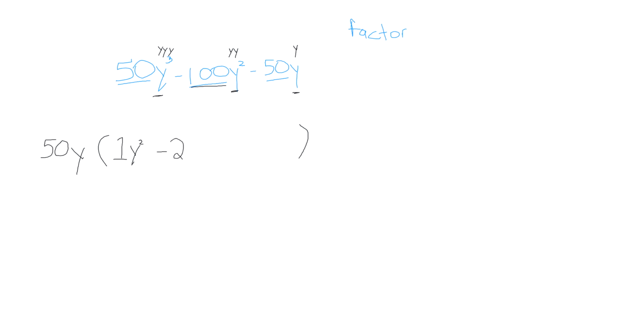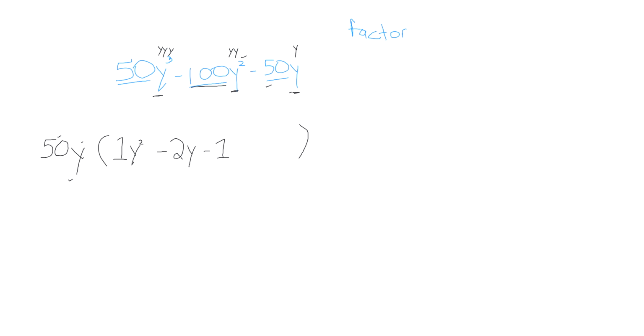This 1y will go into this 2 y's, and I'll have 1 y left over. The last term, 50 will go into 50 one time, a minus 1. And this y will go with this y, and nothing's going to be there.